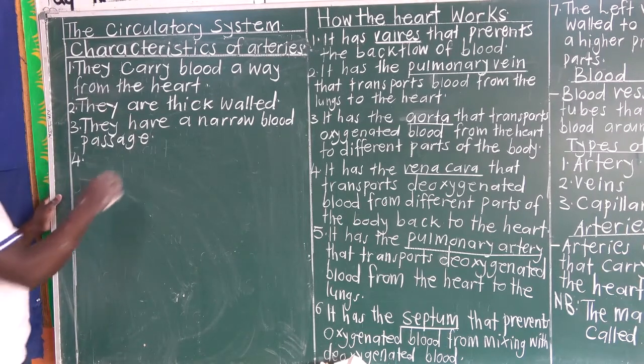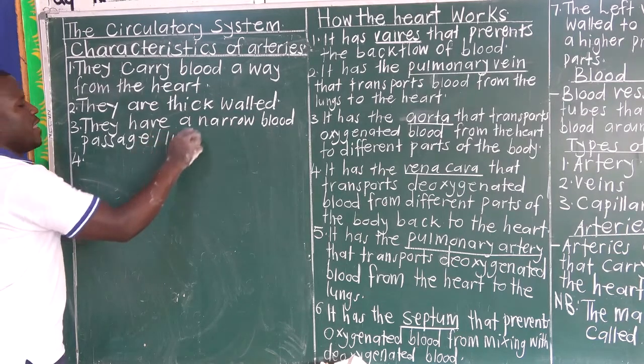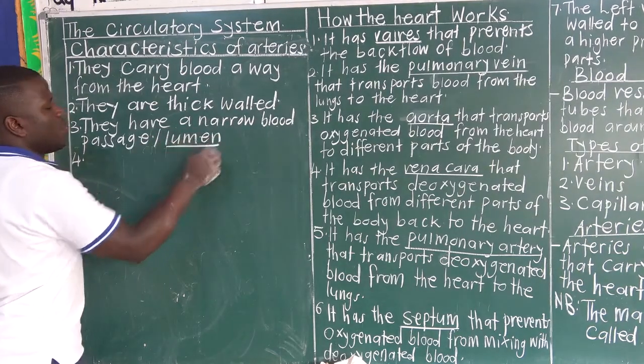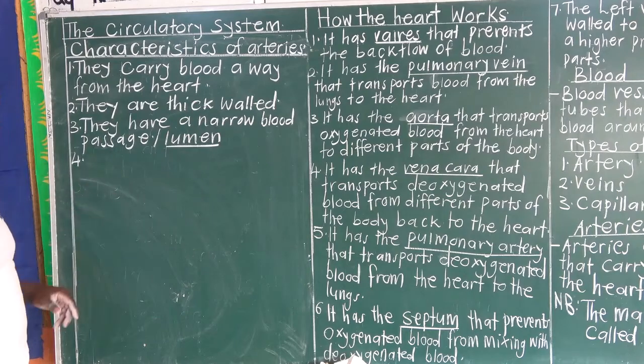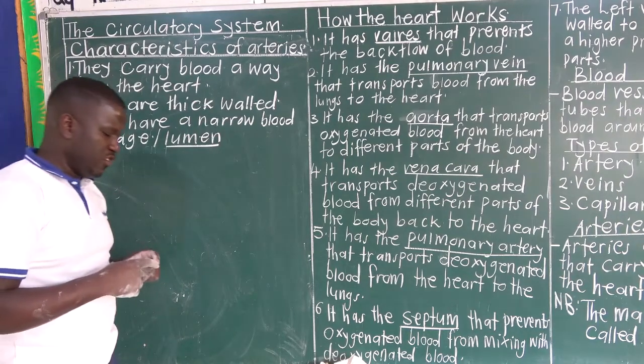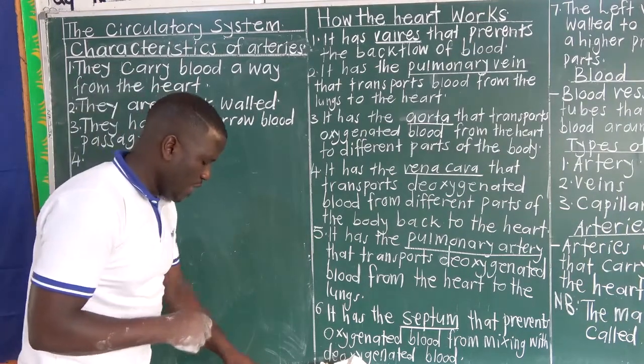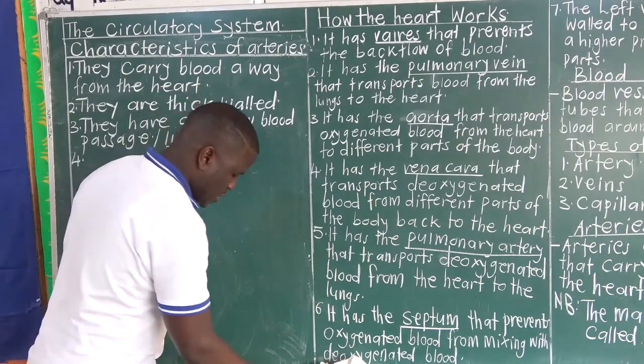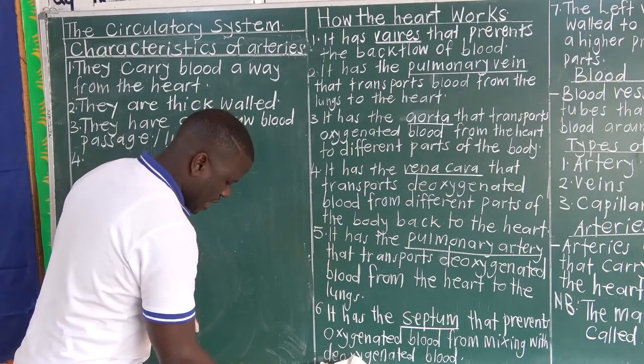Then, lumen. They have a narrow lumen. The word lumen simply means blood passage. So their blood passage is narrow.